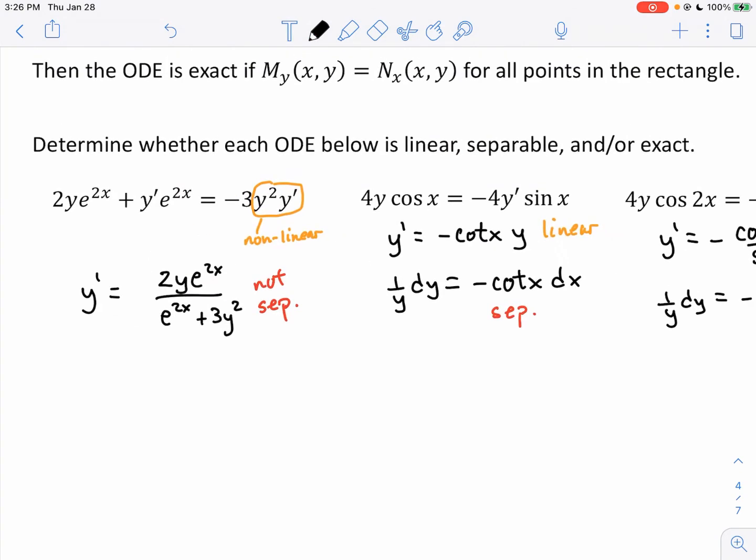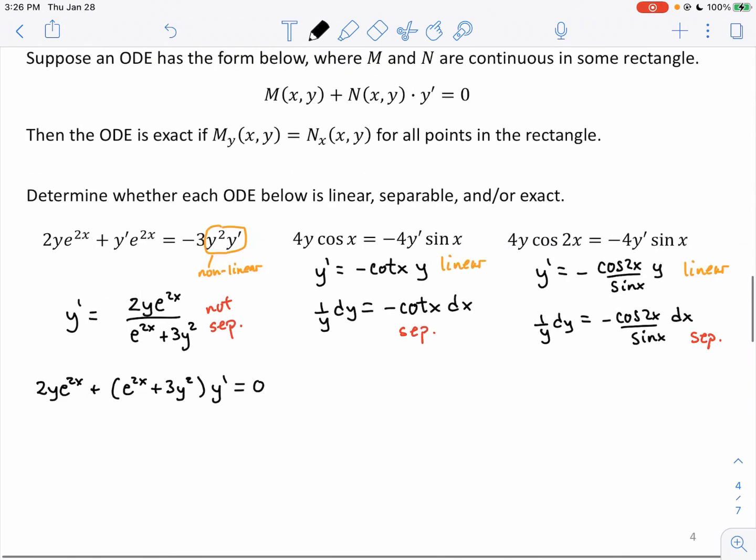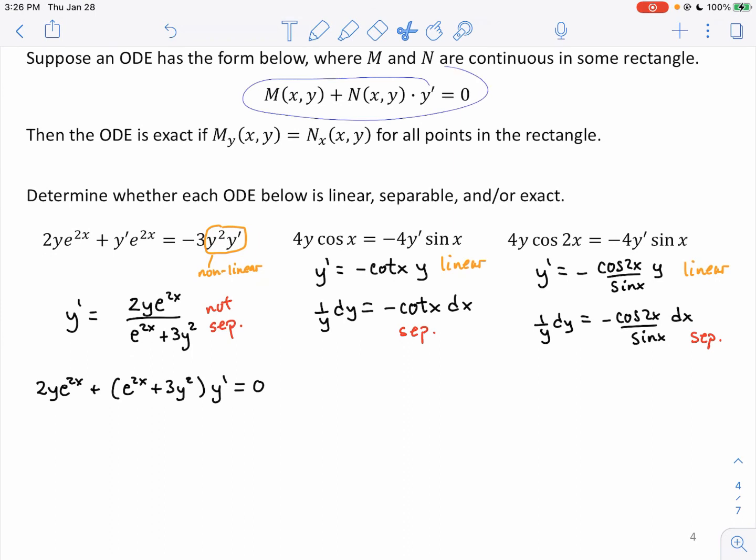So I'm going to add this expression over to the other side and factor out the y prime. So we have 2y e to the 2x plus, parentheses, e to the 2x plus 3y squared with a y prime factored out. Okay, so I have this general structure. This is the m, and this right here is the n.